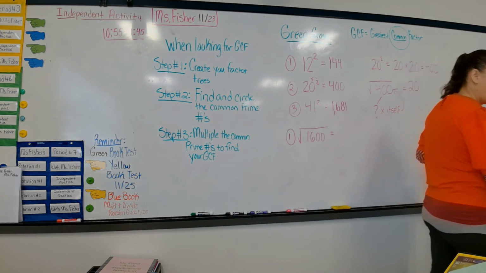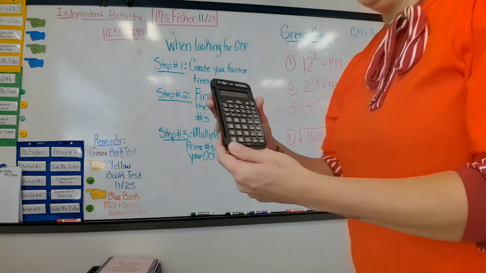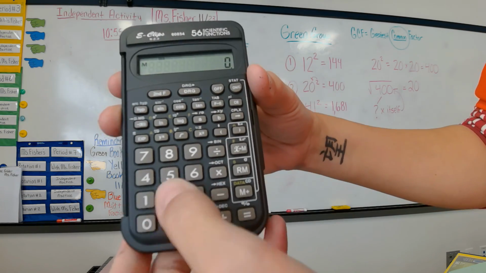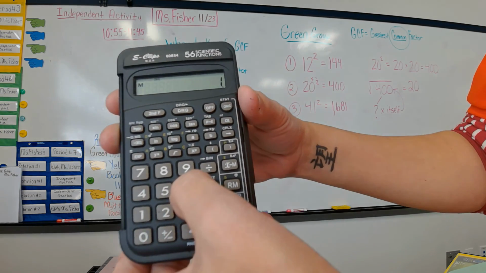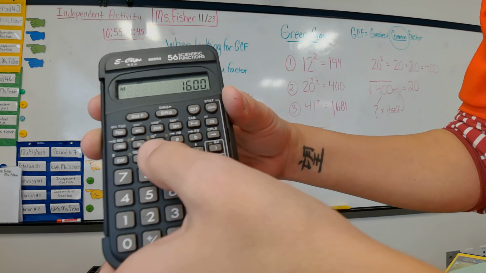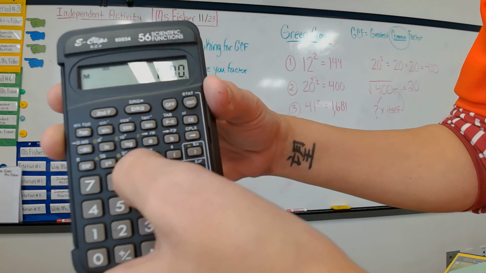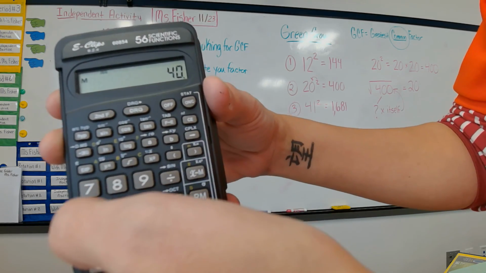Okay? So I have 1,600, and then this is the square root button. I hope everyone can see that. This is the square root button. I hit square root, it gives me 40.